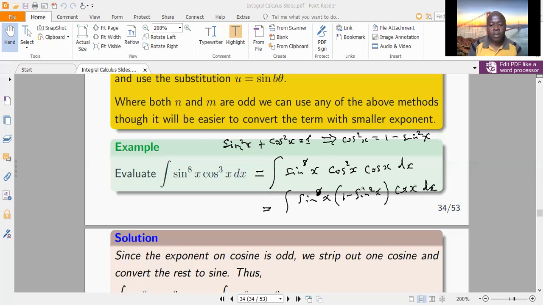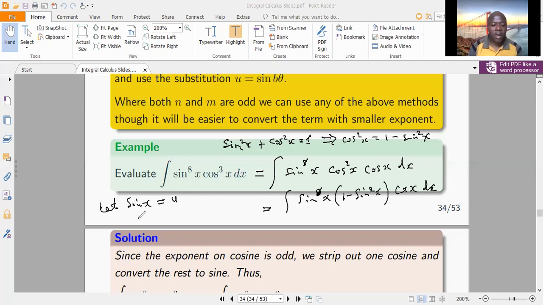At this point, we say let sine x be u. Where there is sine x, we write u. Now let's differentiate.